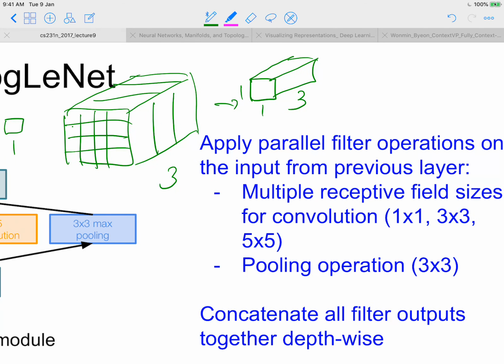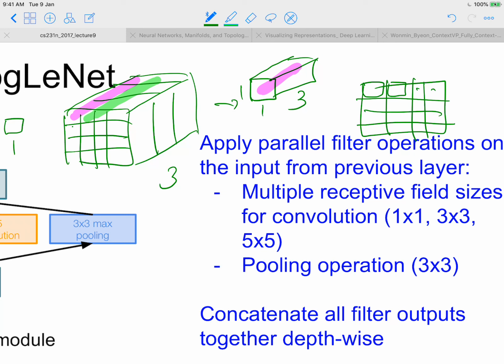This filter is placed over here to obtain the inner product output, and that way we obtain a single output. When moving the filter to the next position, we obtain another activation output, and that way we still have this 4 by 4 activation map, right?